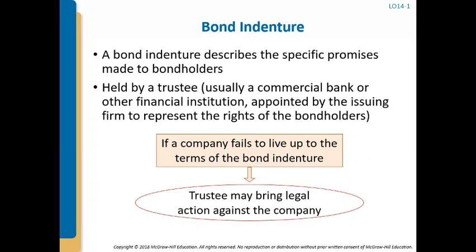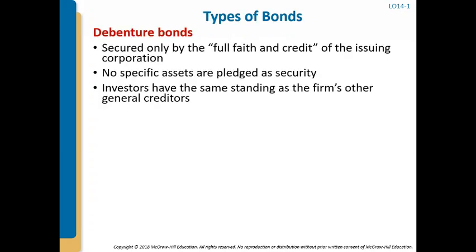Now, most of these bonds are what's called debenture bonds, meaning that they are unsecured. The only thing that's securing these bonds is what they call the full faith and credit of the company, meaning the bondholders are hoping that because of the credit standing of the issuing corporation, they will be paid back.